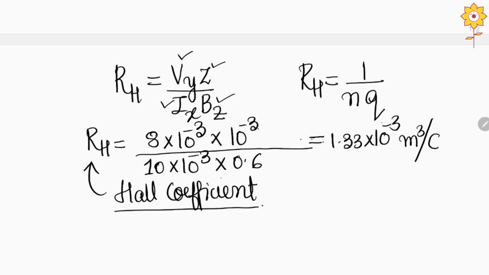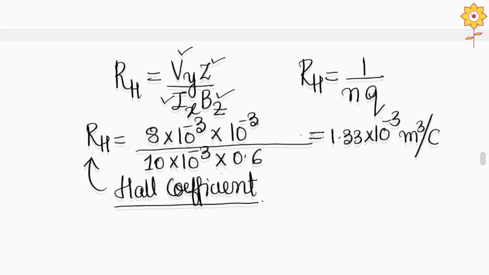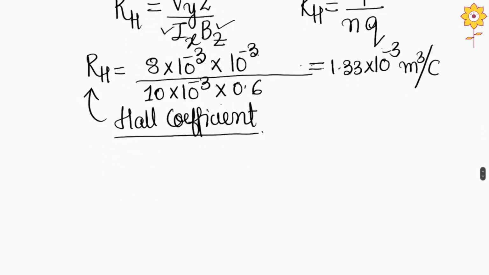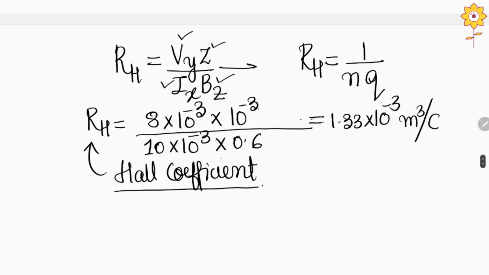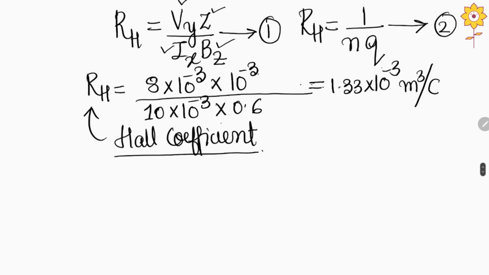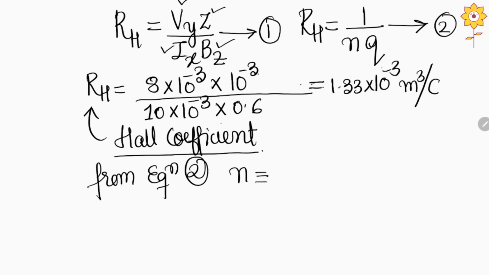Okay. So we have not been asked the Hall coefficient, but rather we have been asked the charge or the carrier density. Of course, now since we know the Hall coefficient, I can calculate. So let us label this as equation 1 and this as equation 2. So from equation 2, we have N, which is the carrier density.